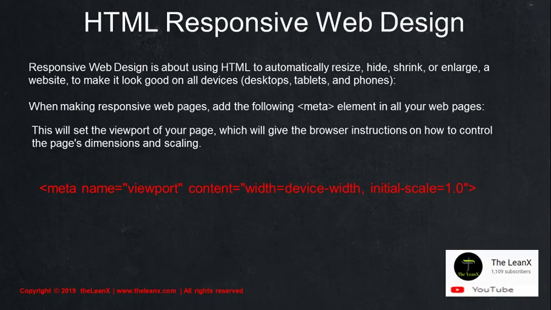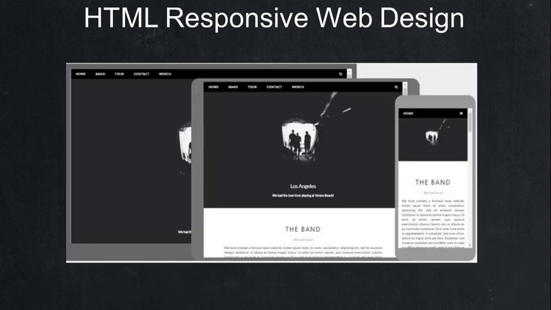We have also seen which meta tag we use for responsive web design. So this is how it works. This is your laptop screen, it will look good. This is your tablet screen, and this is your mobile screen. So you can see the web page on any device you are using, it's a responsive web page.